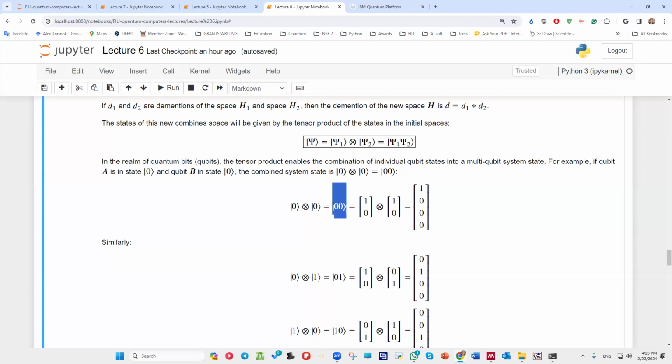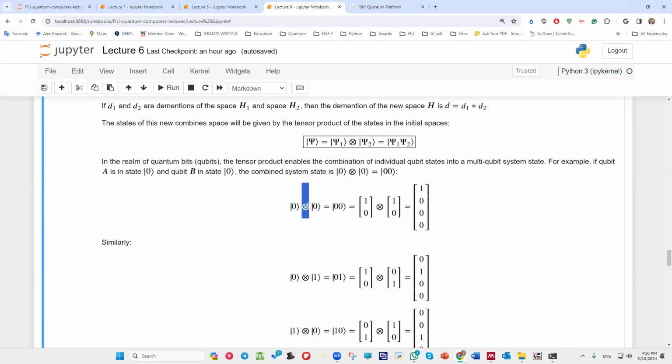However, to make everything simpler, we can use this representation, just the two states of the system, where each encodes the state of the particular subsystem, like this.